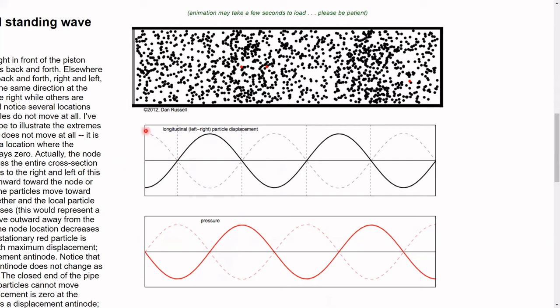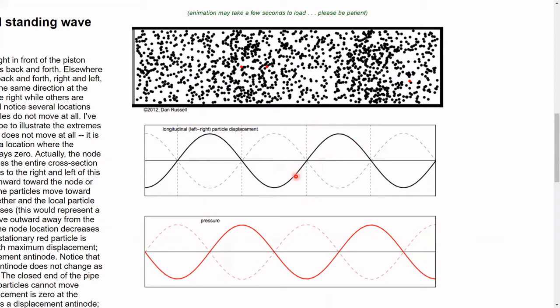And you have to imagine, see the dotted line here is showing you that if you then play this animation, this peak is going down to a valley and back up. So this is a standing wave. You don't want to picture this whole waveform traveling to the right because it's not. The antinodes are flipping up and down. It's a standing wave.